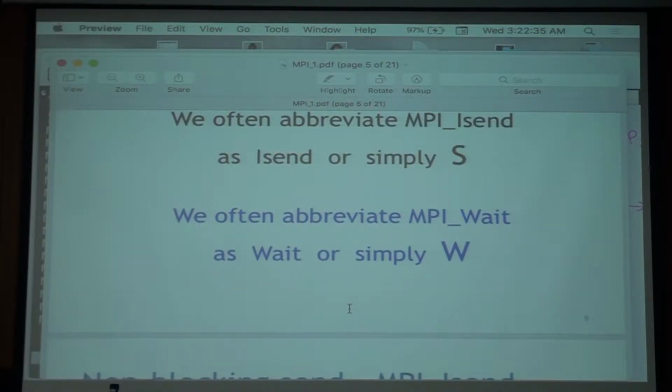So if some process P2 says MPI_Irecv of some arguments, then again it only starts the receive, meaning it has a buffer into which the message is flowing. You shall not even look at the buffer till the matching MPI_Wait happens.